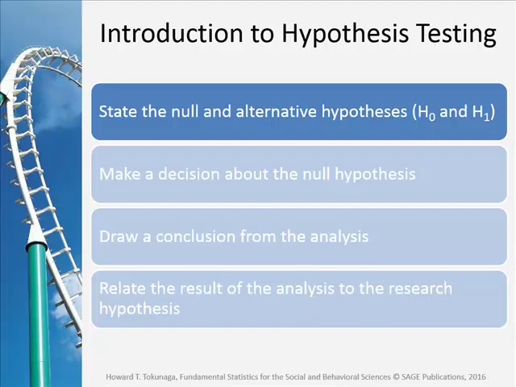And then finally, we're going to relate the result of the analysis to our research hypothesis. So these are the 4 steps in hypothesis testing. This is what you're going to have to do in your papers. You're going to have to demonstrate your ability to do this.